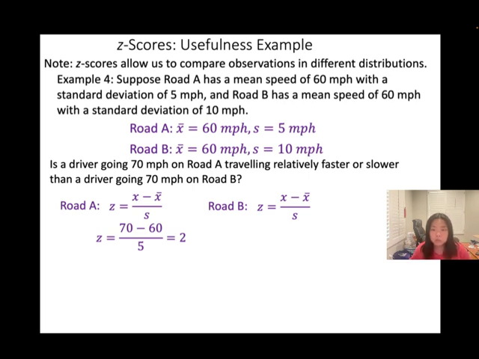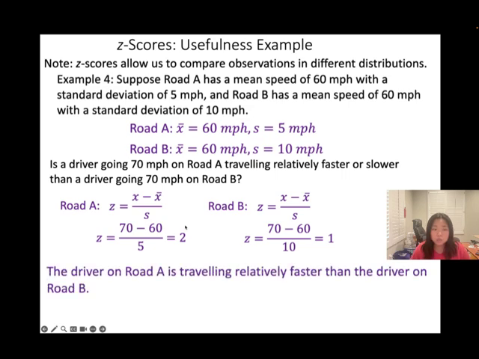Okay, check your work. You're going to see the Z-score equal to 1. So, is a driver going on wall A faster or slower? This one is equal to 2, right? So the driver on wall A is traveling relatively faster than the driver on wall B. Okay, we use the Z-score to compare.